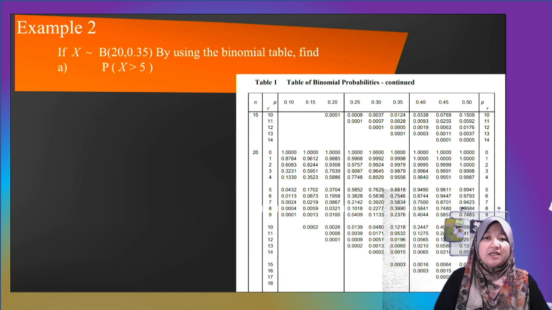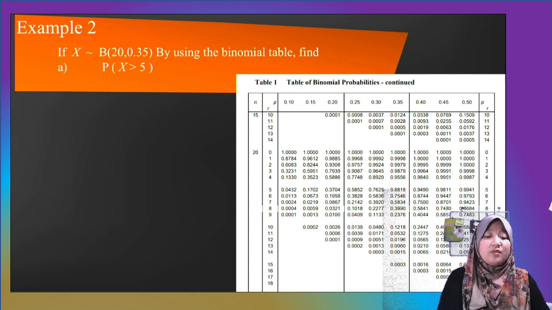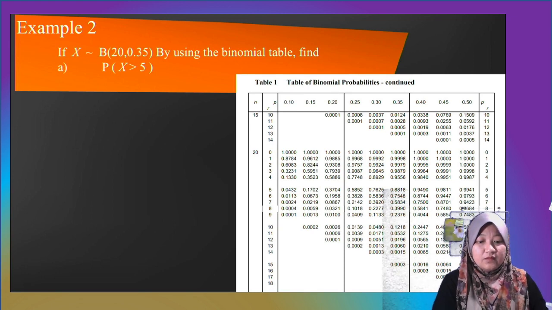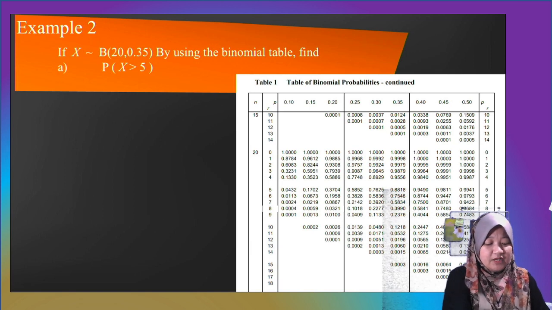So, kita practice. Find the probability X greater than 5. Okay, greater than 5. So, bila greater than, kita tak boleh lagi baca table. Awak belum boleh guna lagi table. So, apa yang kita perlu buat, kita kena tukarkan X greater than 5 ni.